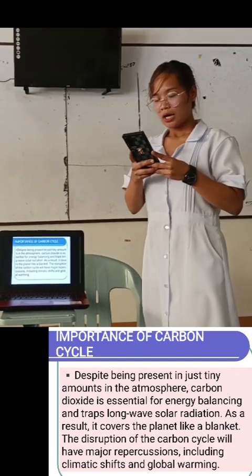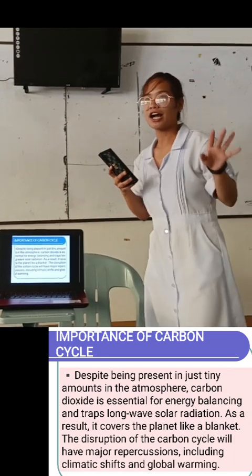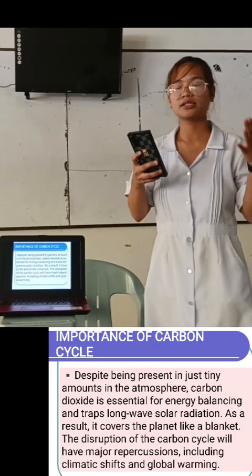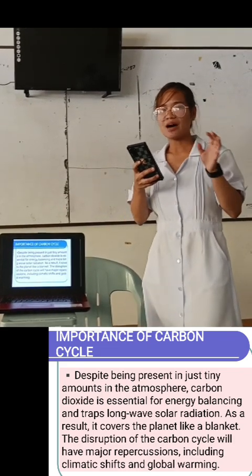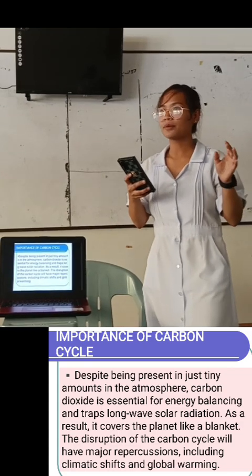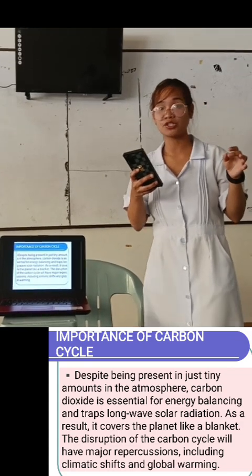So, ang carbon ay it regulates the earth temperature and carbon also makes up the food that sustains us.